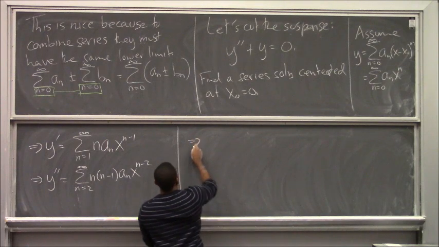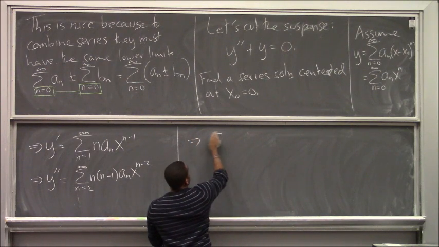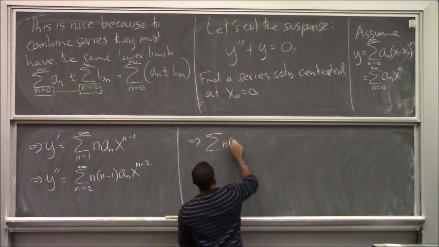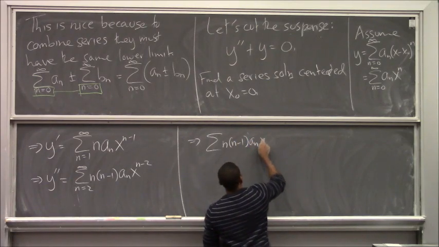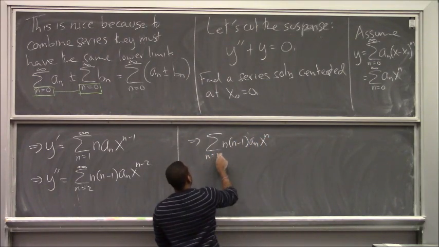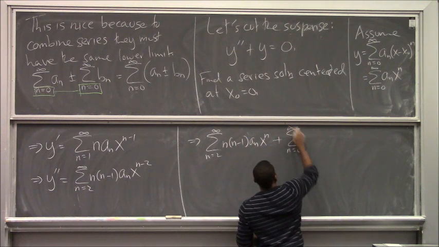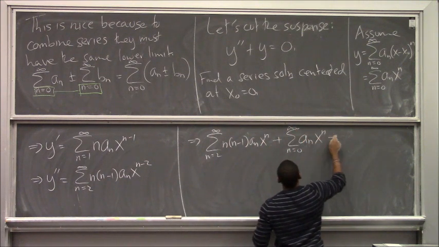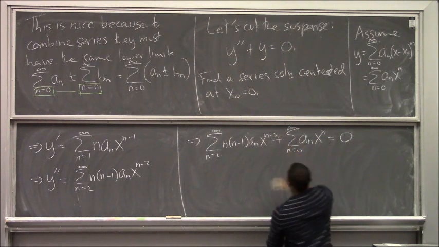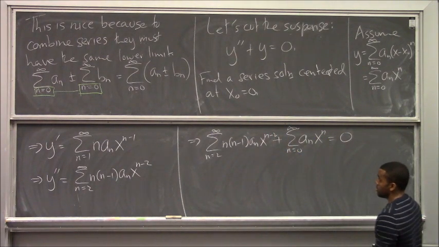So, this means if I take the series n times n minus 1, a_n x to the n, those series should add up to 0.